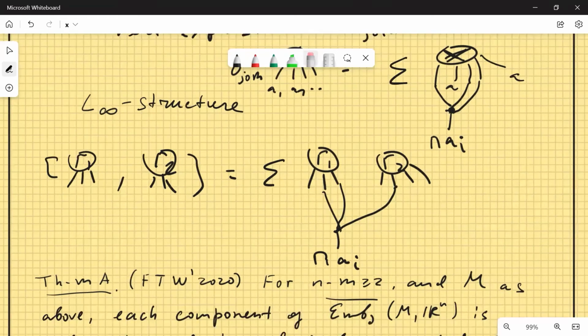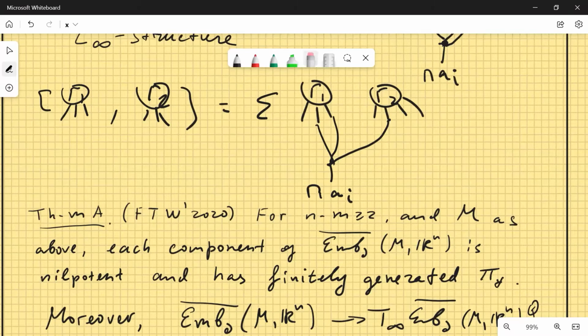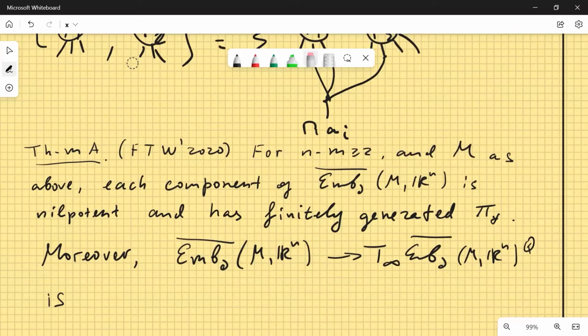And so now the theorem that we had with Benoit and Thomas was that in the case when the codimension n minus m is at least 2 and m is as above, each component of this embedding space is nilpotent, right? It's very important so that we can use rational homotopy theory, and it has finitely generated homotopy groups.